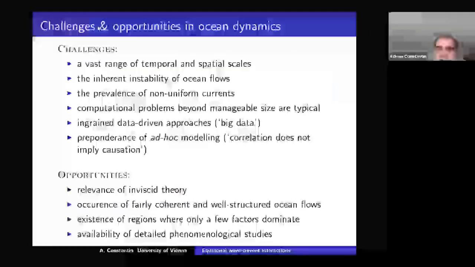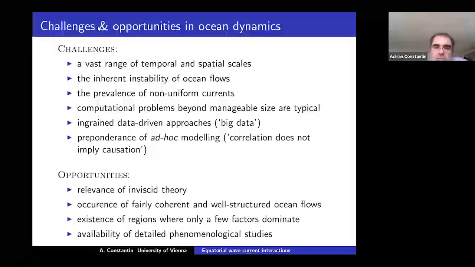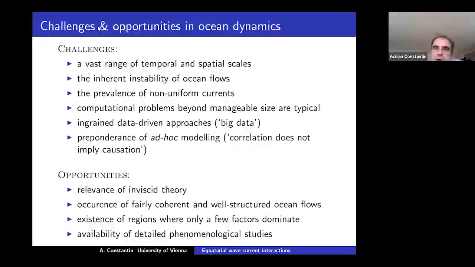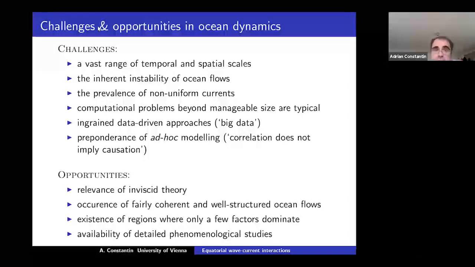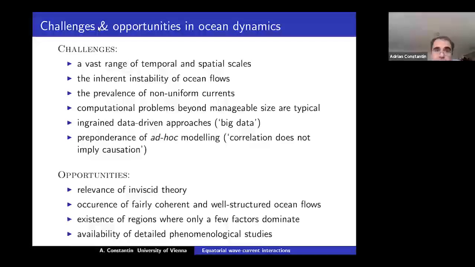So let me first start with a few general comments about oceanography. I've been working in this area for a few years, and it is a very challenging area because you have many temporal and spatial scales. Ocean flows are unstable.